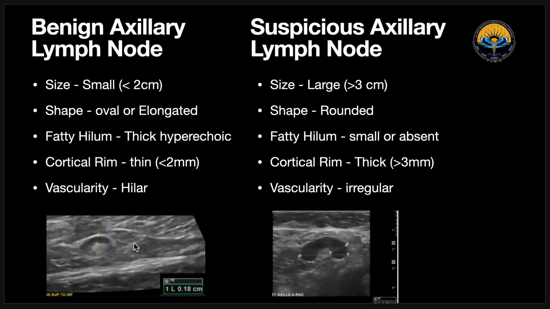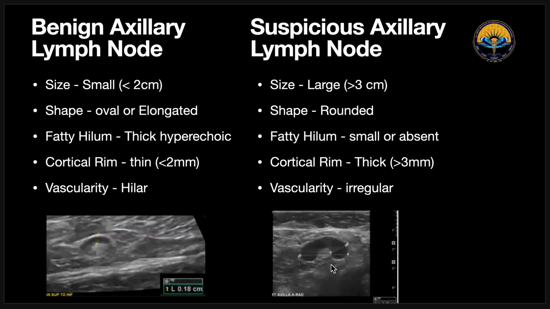Instead, if we get a lymph node which is longer, less oval and more rounded, with a compressed or smaller fatty hilum and a thicker cortical rim, more than 3 cm in size, with a cortical rim more than 3 mm, then it would most likely be a suspicious axillary lymph node, and vascularity is irregular. All these features go towards suspicious axillary nodes.